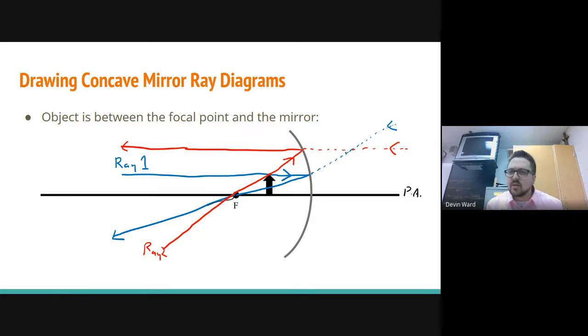Is this black now? Yeah, there we go. And we have our image over here. So our object and our image.